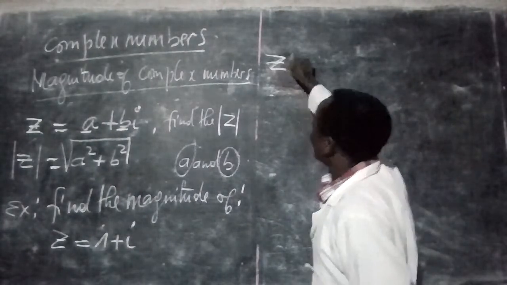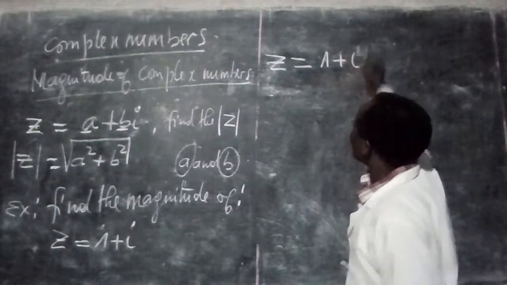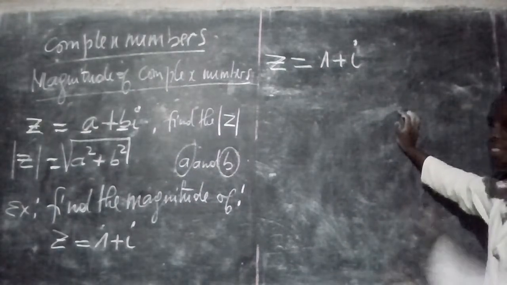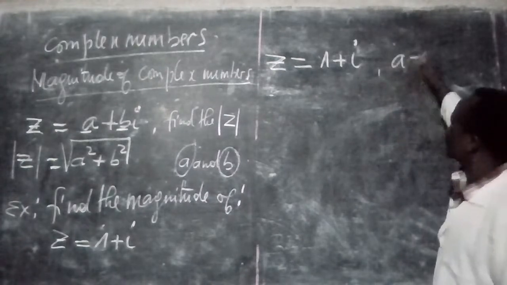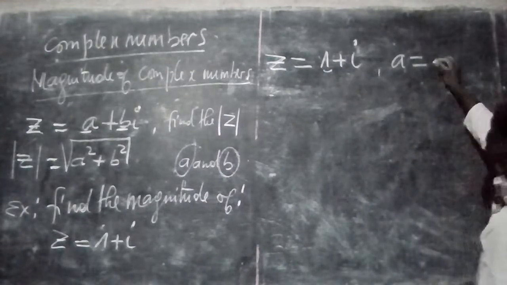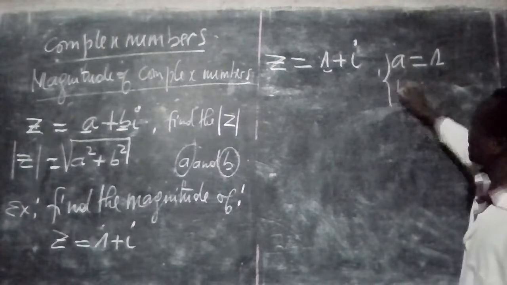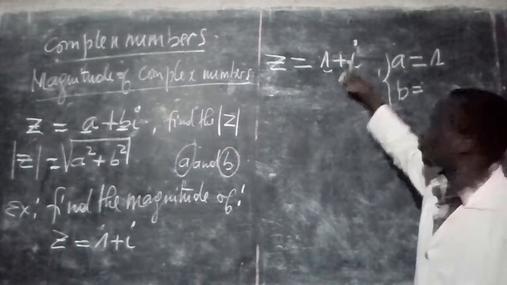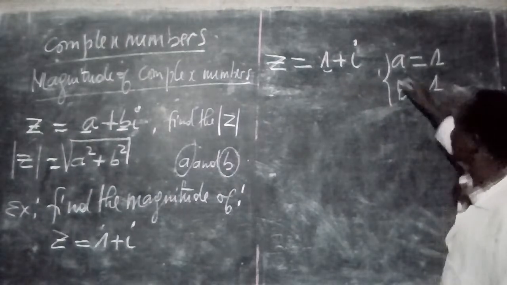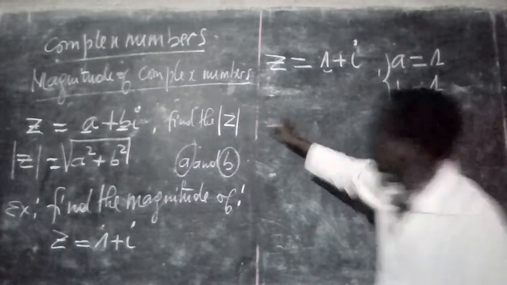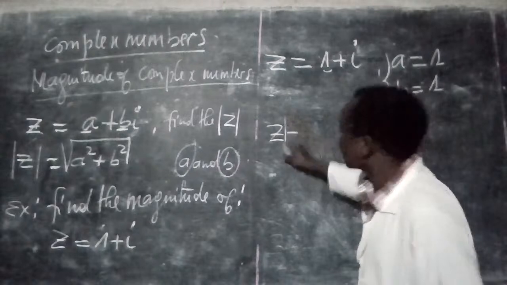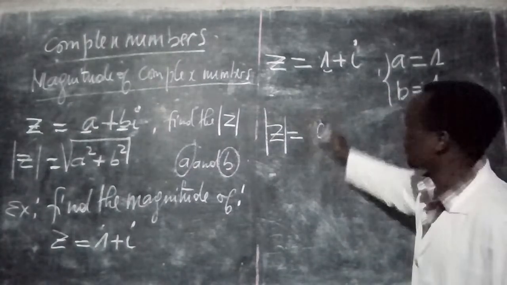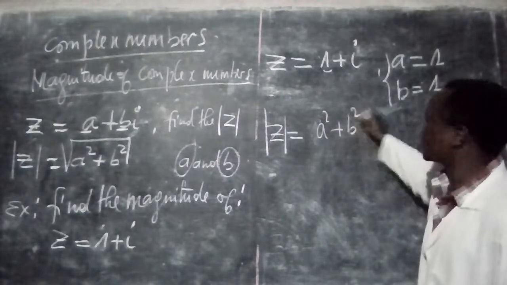We have this z, which is 1 plus i. So what is a, and what is b? a is equal to this number, 1. b is equal to the coefficient of this i, which is 1. Now finally, the magnitude of z, by the formula, is the square root of a square plus b square.